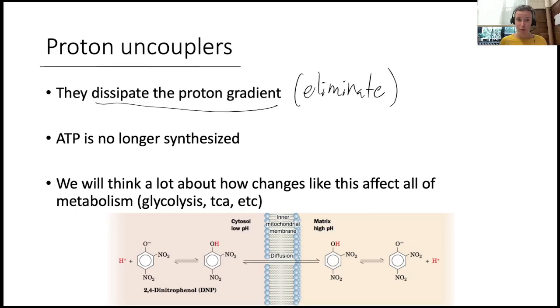The result of using a proton uncoupler is that ATP is no longer synthesized. So if you eliminate the proton gradient, no ATP is synthesized.